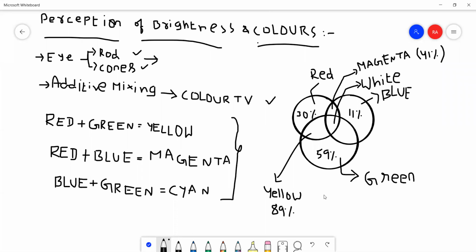And green and blue form cyan. So they will form 70%.